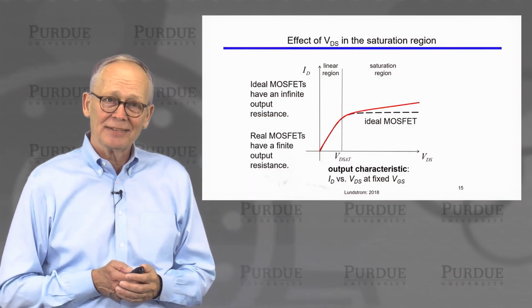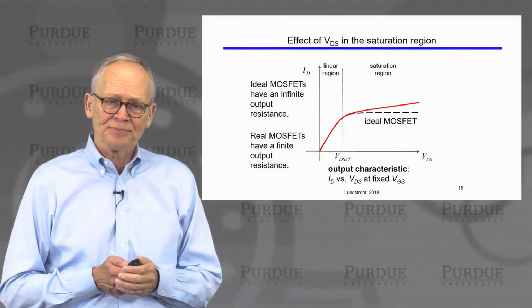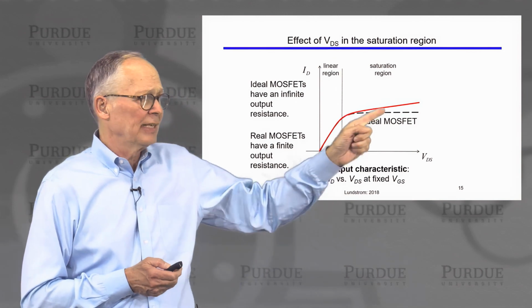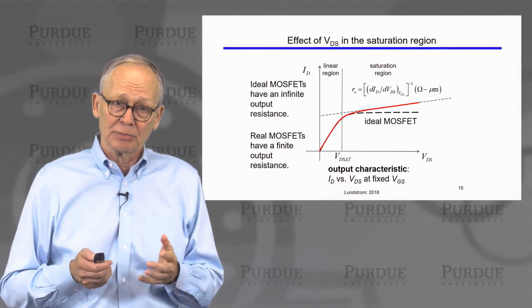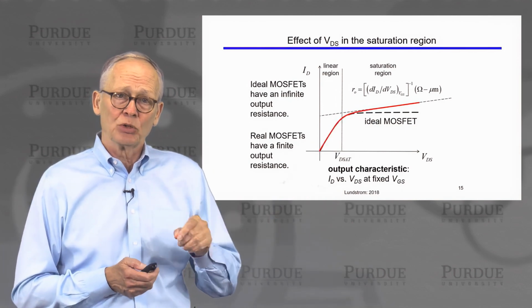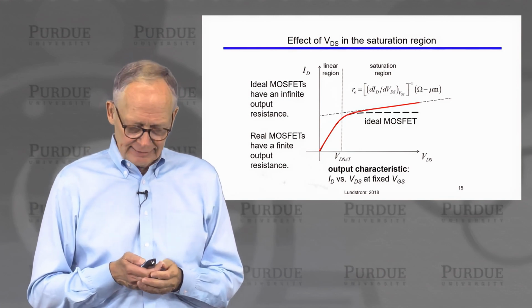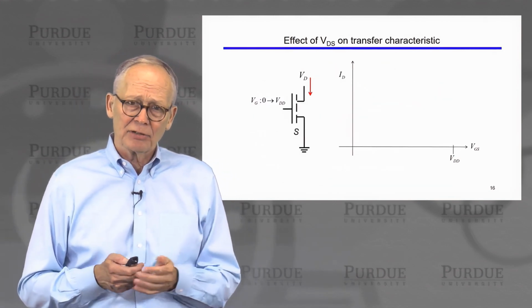Well, that's just not true in any real MOSFET. There is always some slope there, and that slope means that if I increase the drain voltage a little bit, I'll increase the current a little bit. We measure that through the output resistance, 1 over the slope of the current in the saturation regime.